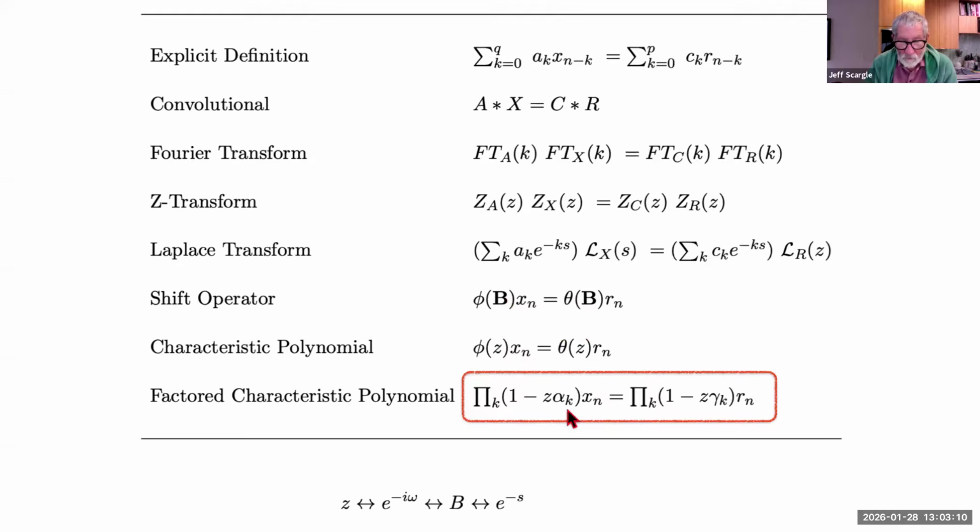And here, then, is what I was talking about. Each of these factors of the characteristic polynomial I think of as a dipole, a rudimentary element. It's a first order autoregressive model on the left, or a first order moving average model on the right.